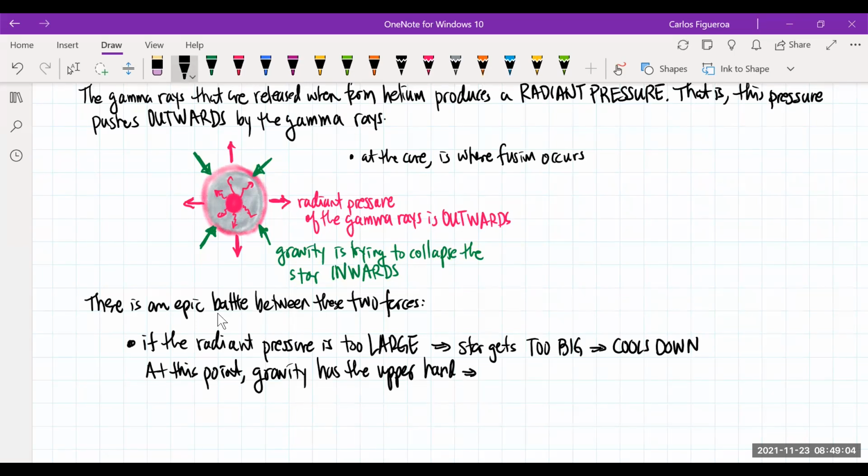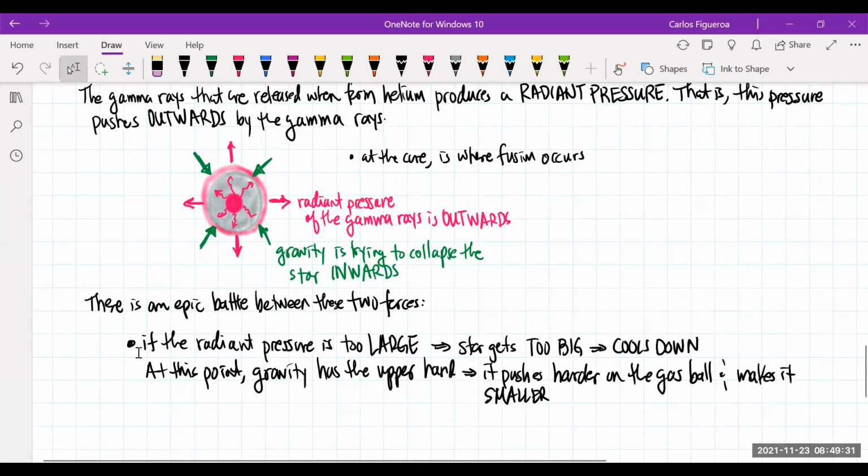And what I mean by that is that now it pushes harder on the gas ball and makes it smaller. And I should be really careful here.